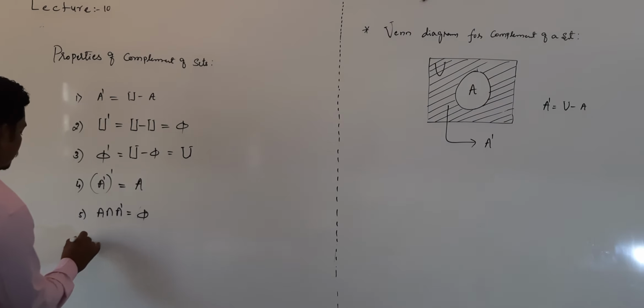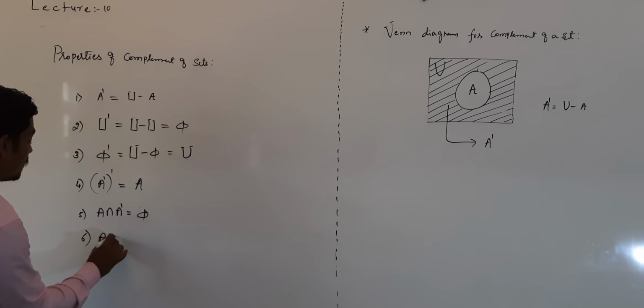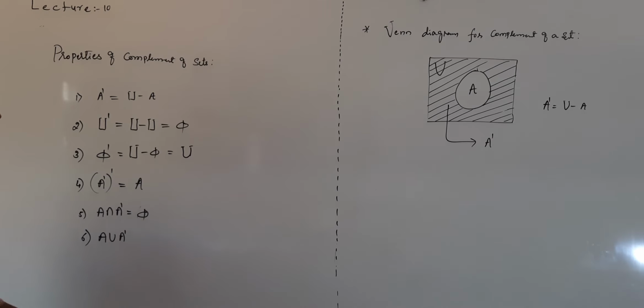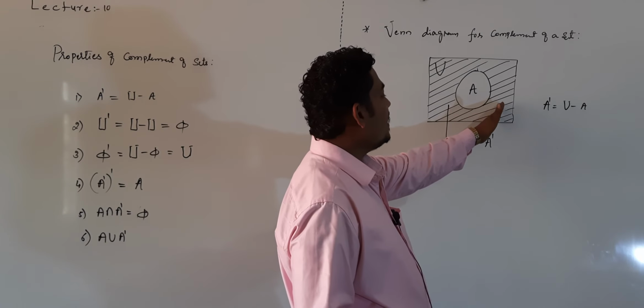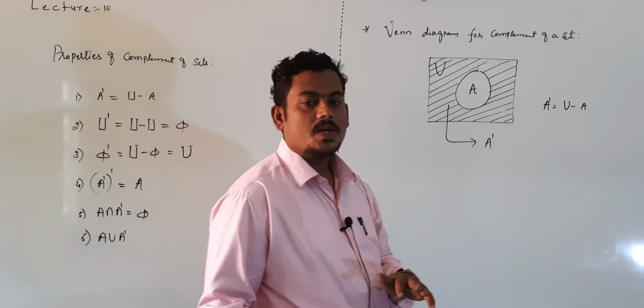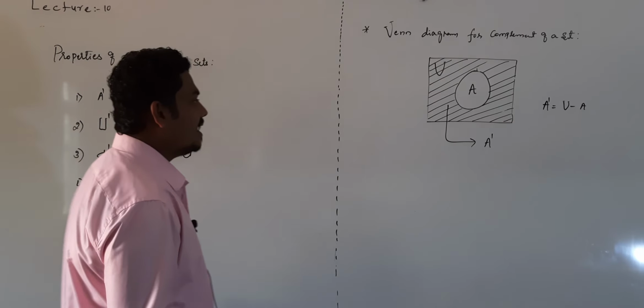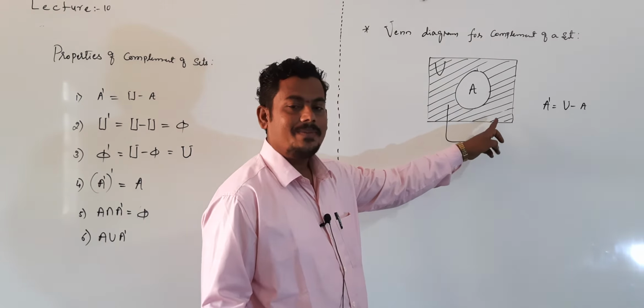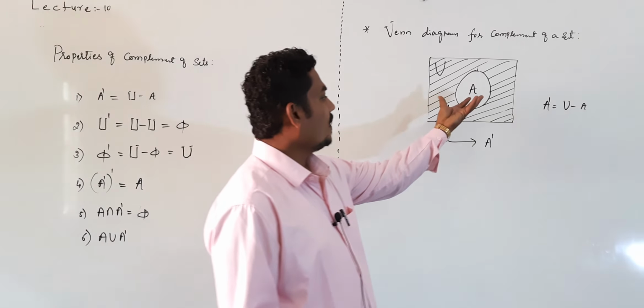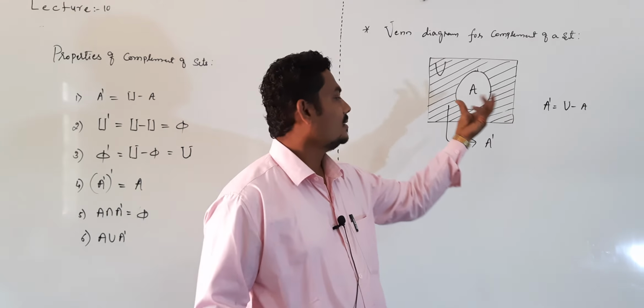Next, if you take A union A complement, if you take shaded region and unshaded region, A means unshaded region, A complement means shaded region, together, union means together.